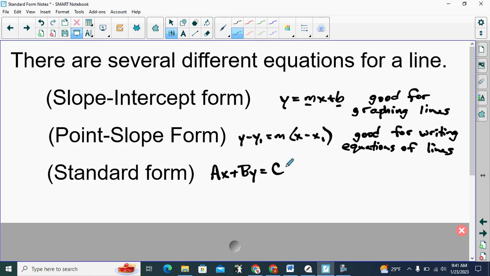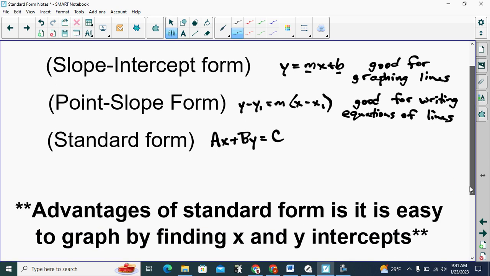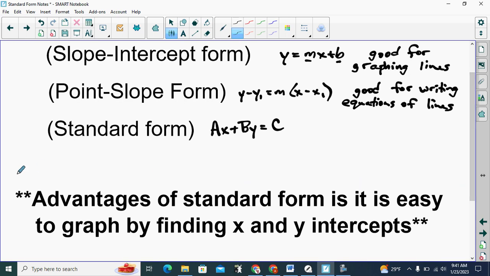It does have a b, but it's a capital B. This is not the y-intercept like this lowercase b is up here. So it's not great because it doesn't tell us the slope. It doesn't tell us the y-intercept, but it does make it easy to find the x and the y-intercepts. So the one thing it's good for is if we're given it in standard form, it is easy to graph by finding the x-intercept and the y-intercept.